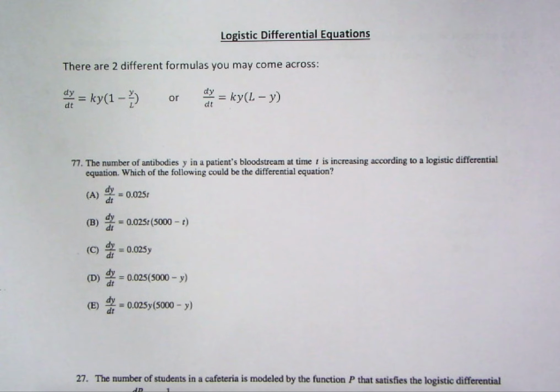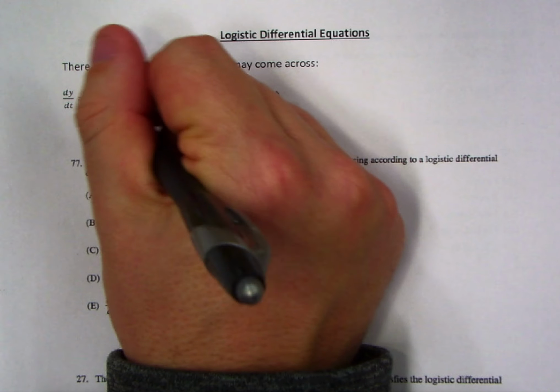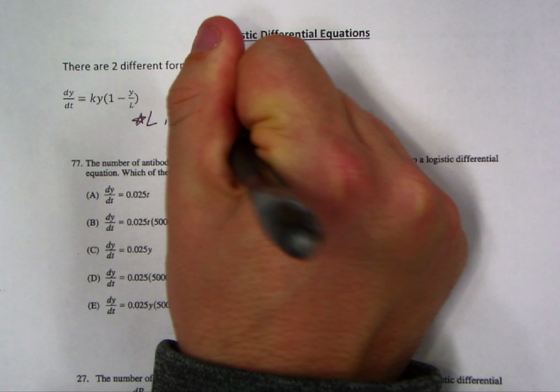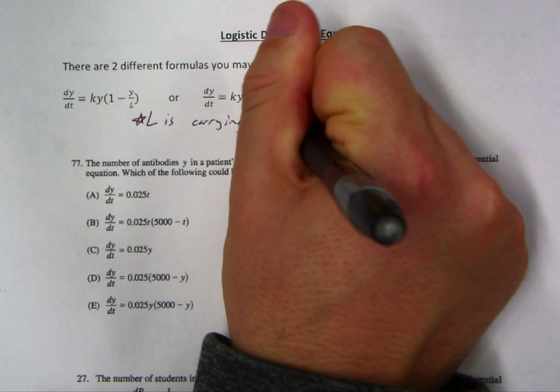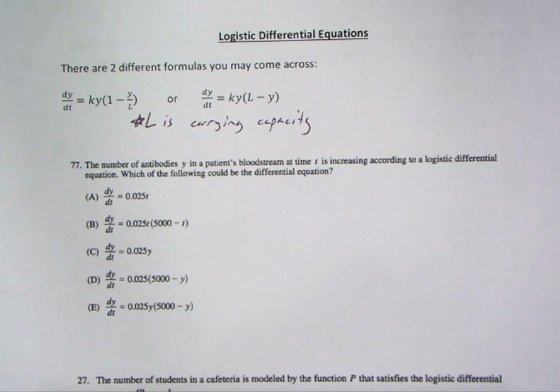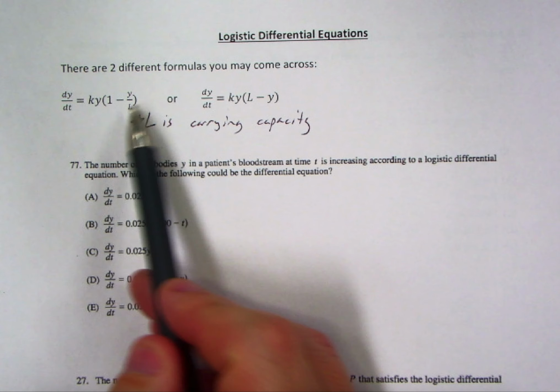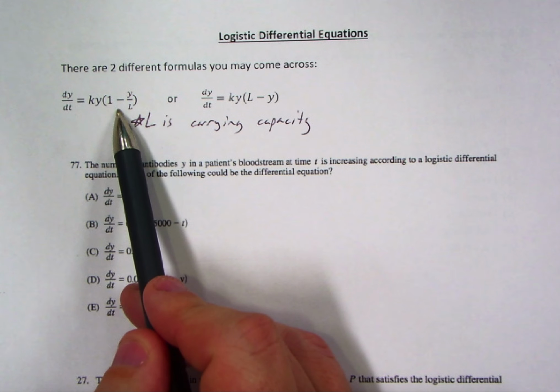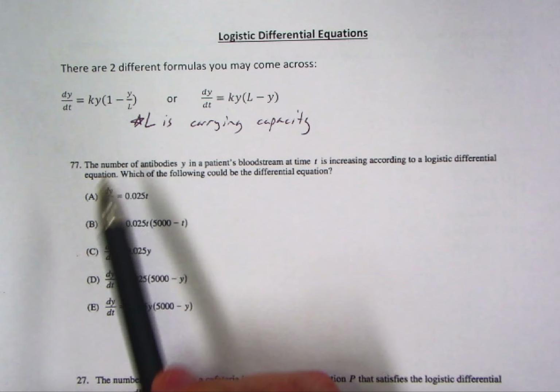But first, in these two forms, this value L, there's really two key things to know. L is the carrying capacity. That's the maximum amount of people that could hear the rumor, or the maximum amount of bunnies on the island, if you will. And so notice that L can be in one or two places depending upon how the formula looks. I'm going to explain why we can manipulate to get these two equations to be the same.